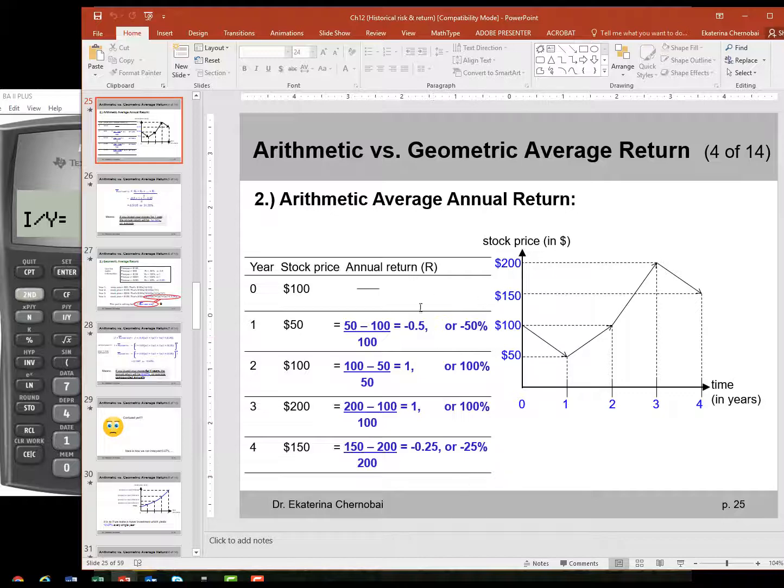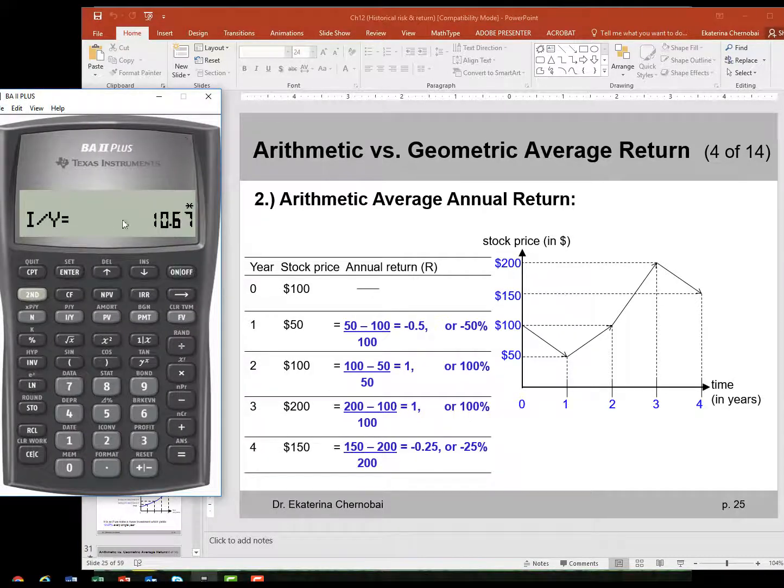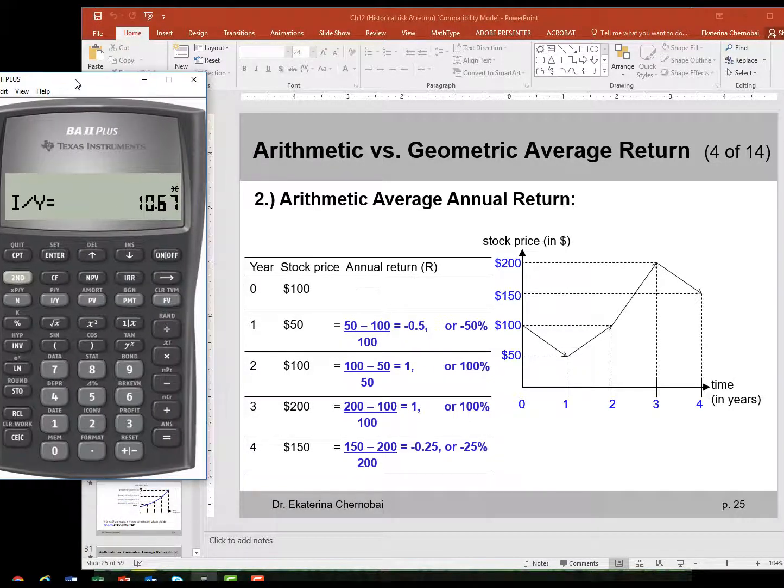So usually a numerical problem on this topic starts by giving you the returns in percent, like minus 50%, 100%, 100%, minus 25%. And then what do you do? What are your dollar amounts? So there is another trick for how you could do it in the financial calculator.